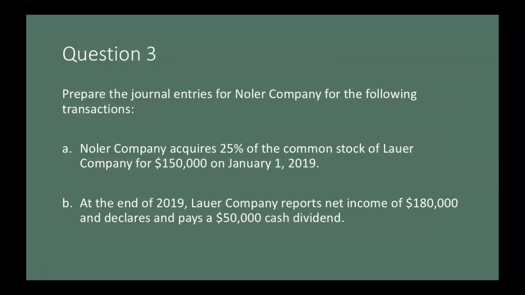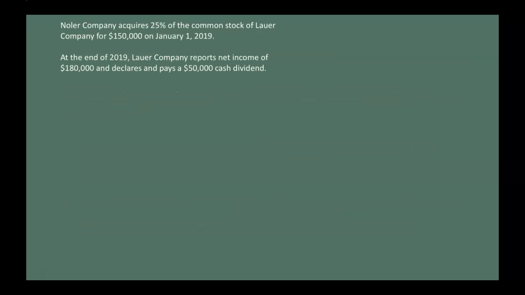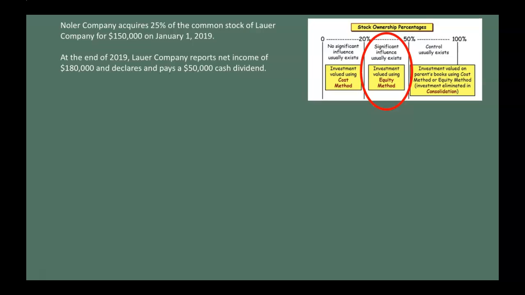And then at the end of 2019, Lauer Company reports a net income of $180,000 and declares and pays a $50,000 cash dividend. So like we said, we're between 20 and 50%, so we're going to be using the equity method here. On January 1st, we are acquiring stock in another company.